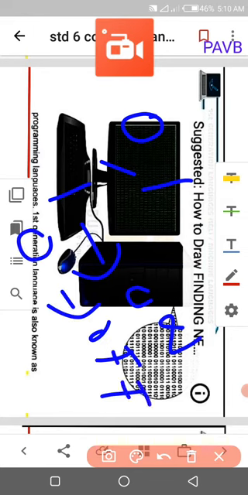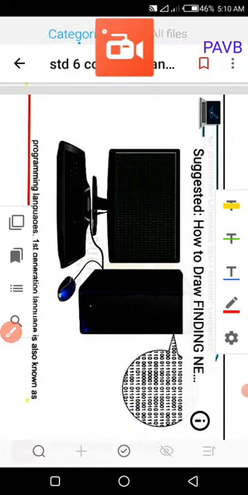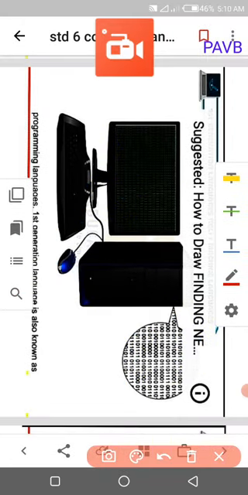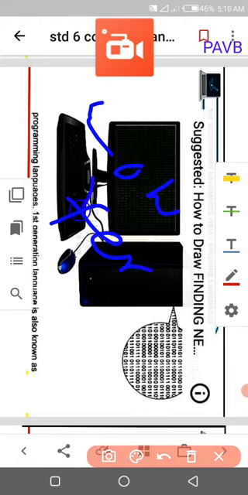It occupies low memory. It is very fast as it is executed directly by the CPU.